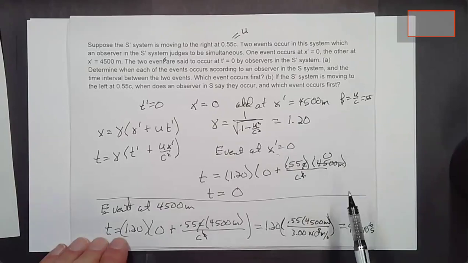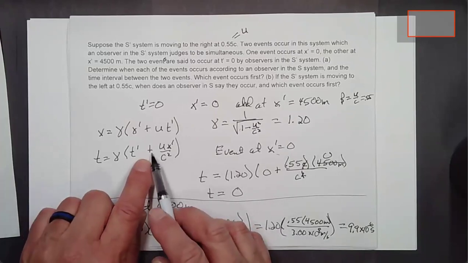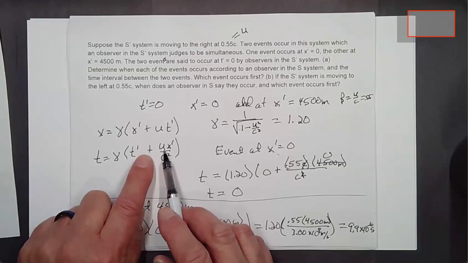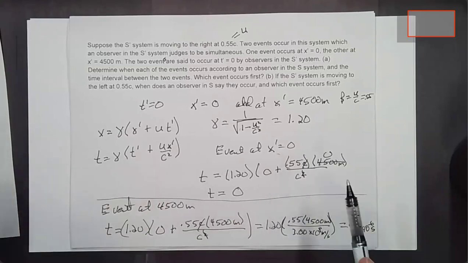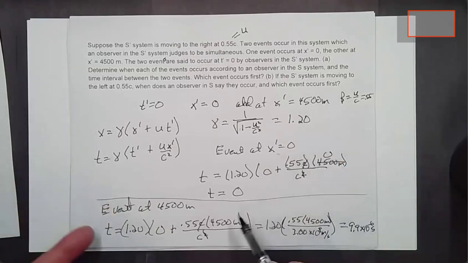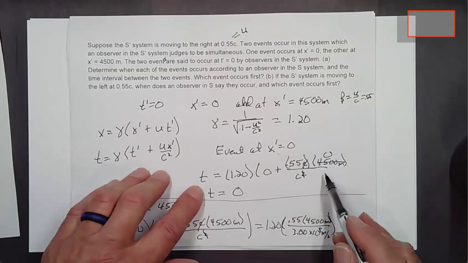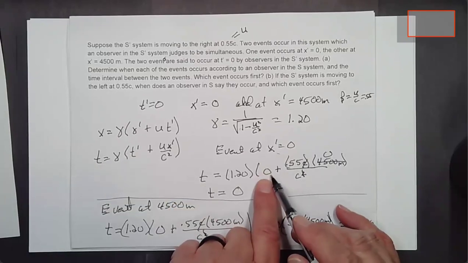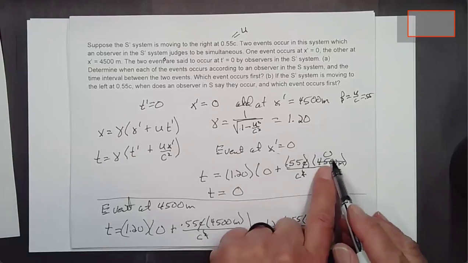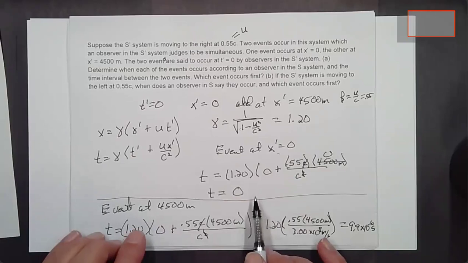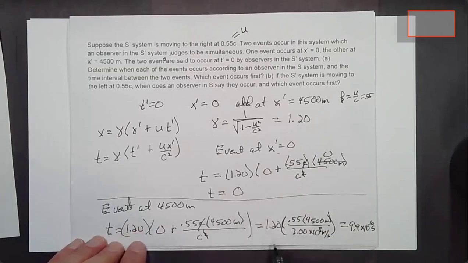Okay, well, if it's moving to the left at 0.55 c, the only thing that changes in these equations is the sign on u. And so the observer in S would still say that first event happened at time zero, because you've got a zero for the time it occurs, and a zero for the position it occurs. So that's not going to change. But for the other event, we'd have a minus sign here.